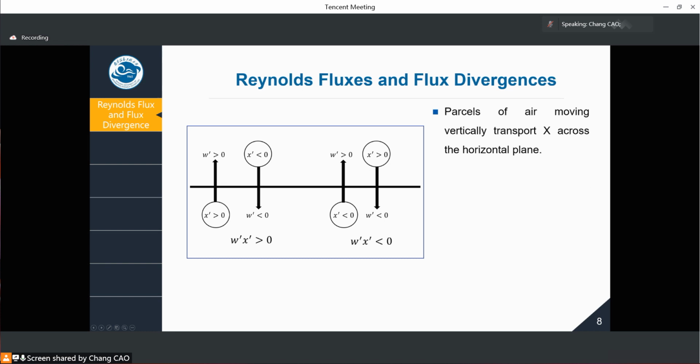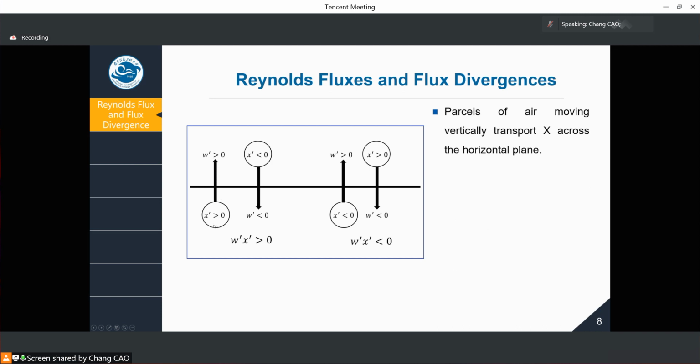And then if we combine two parameters together, for example, here, suppose the circle represents a parcel. In this picture, the parcel goes upwards, right? So this time, W prime is bigger than 0 because the parcel is moving upward.